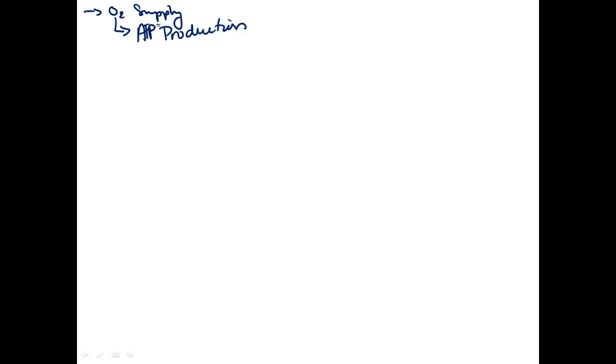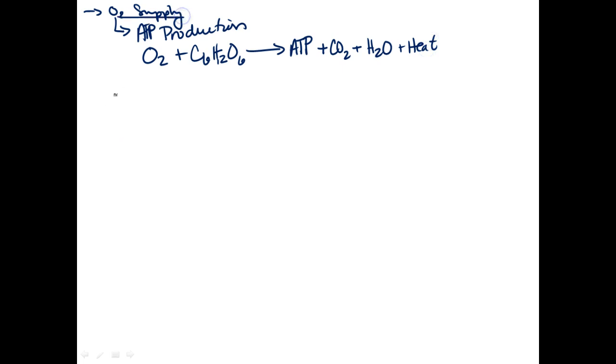As you recall, ATP is produced from aerobic cellular respiration, where we take our oxygen plus, hopefully you're thinking, glucose, and we react it to form our ATP. But in addition to ATP, remember we're also producing CO2, H2O, and heat. Our O2 supply is directly related to our ATP production.